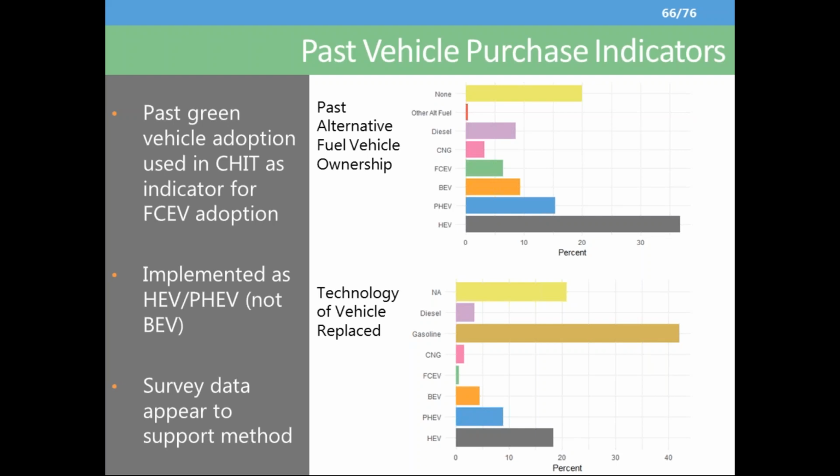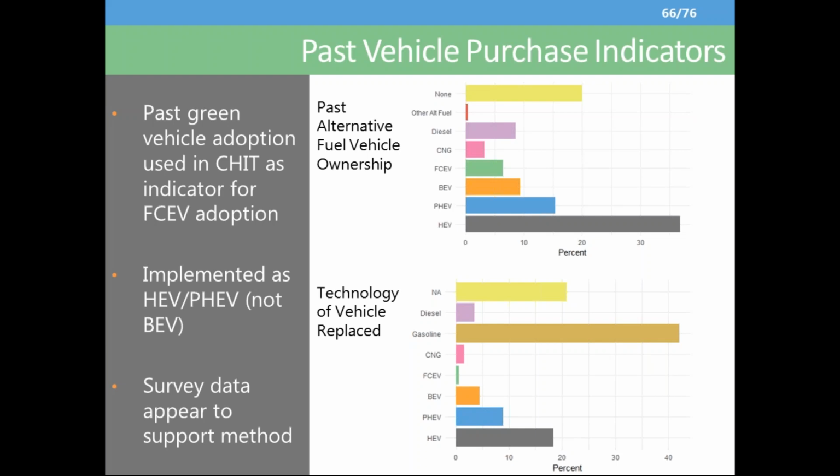We can see here that according to these CVRP respondents, way more of them have had hybrid electric vehicles in the past, and even plug-in hybrids are greater than BEVs, and they've been around for less time than battery electric vehicles. So we feel pretty confident that looking at plug-in hybrids and hybrids without BEVs is still valid.